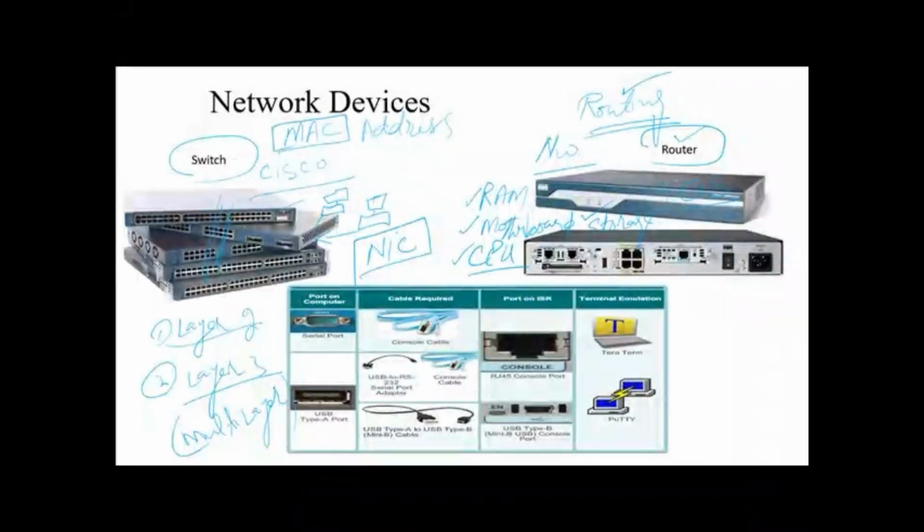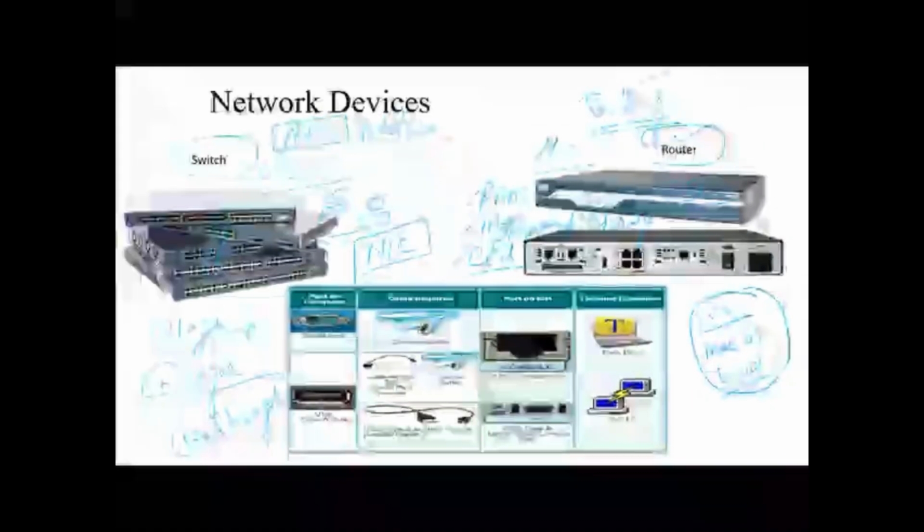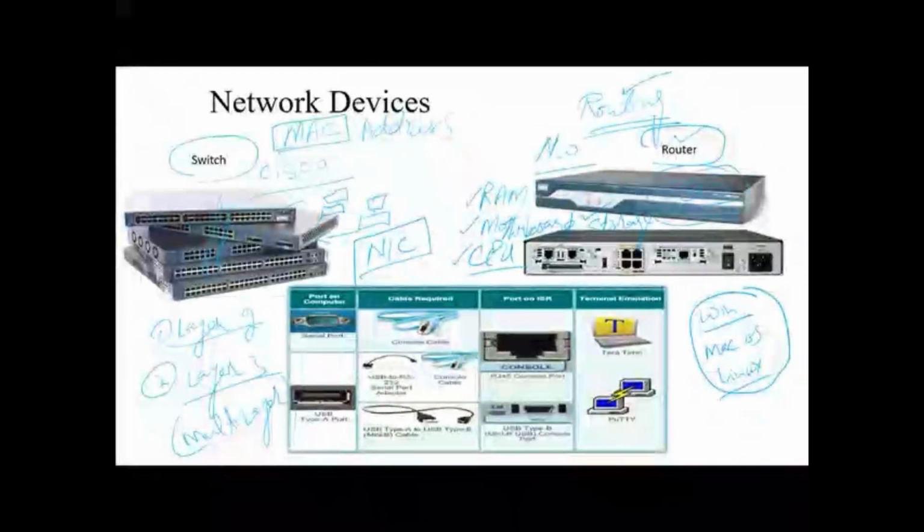In Cisco it is called iOS. Like in computers we have Windows, Mac OS, or Linux, these routers and switches also have their own operating system, and in Cisco it is called iOS, Internetwork Operating System.